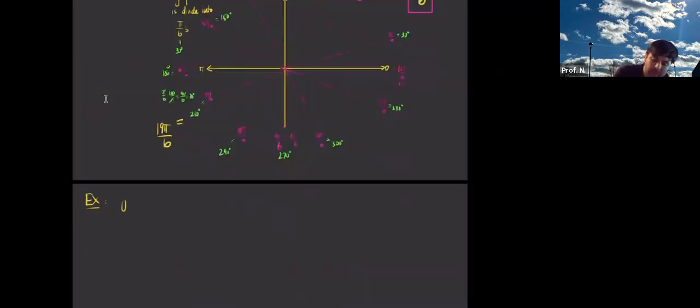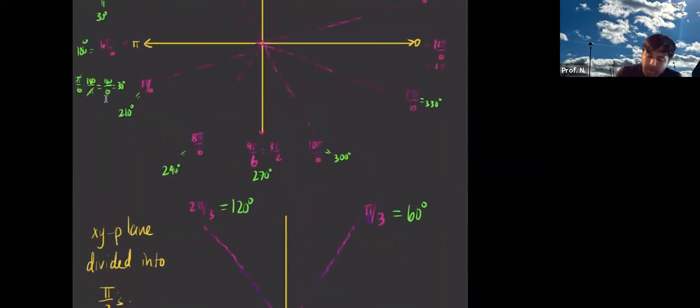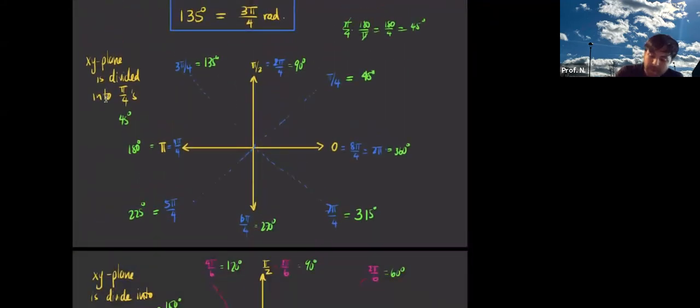So what if my angle here is 17 pi over 4? And I want to find the coterminal angle to this. So I'm going to use that pi over 4 diagram that we had.